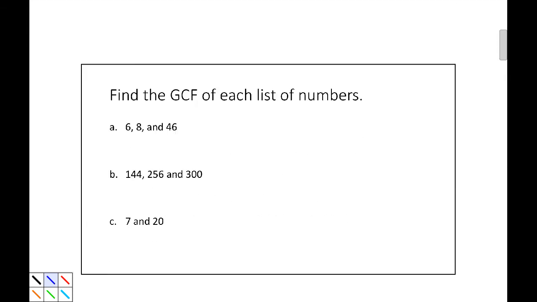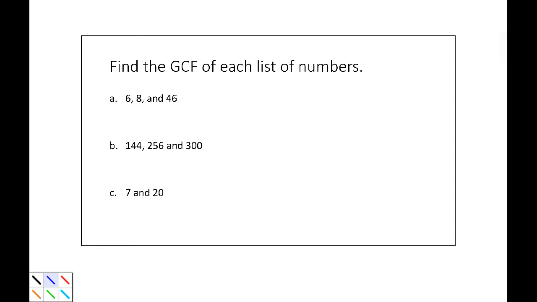Let's apply that to a list of numbers. Find the GCF of each list of numbers. We have part A, GCF of 6, 8, and 46. Well, 6 can be written as 2 times 3. 8 can be written as 2 times 2 times 2, as we actually saw in that last example.